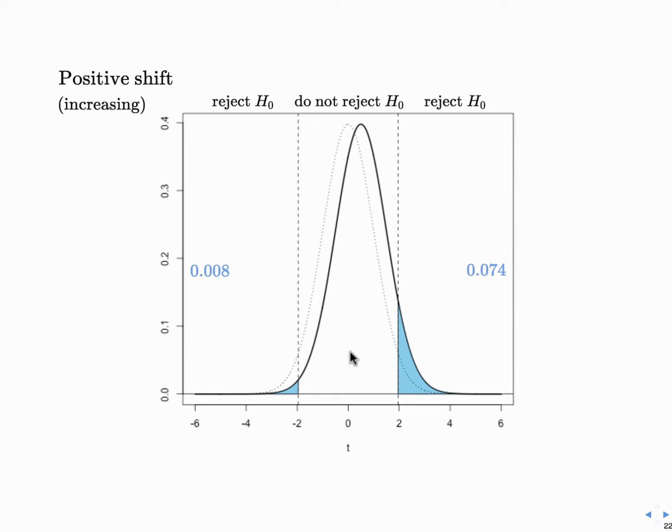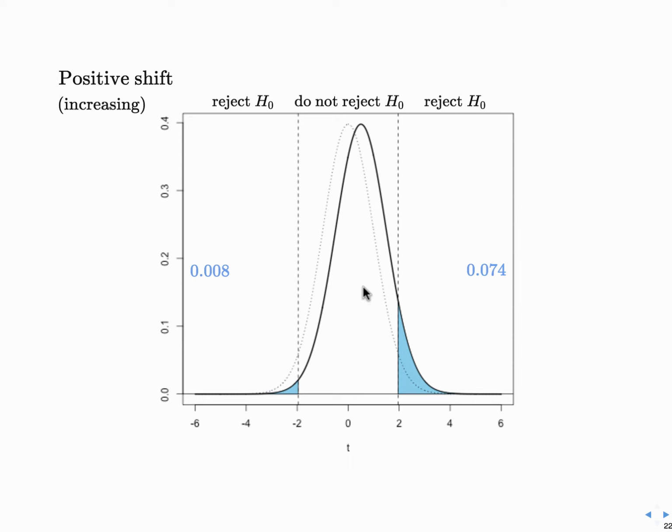So the probability of a type 2 error here is quite high, and that's because the shift is small, right? This t statistic has not shifted very far from the underlying null distribution. So with such a small shift, it's very difficult to detect that using the t-test. And so the probability of detecting it is small, and therefore the probability of a type 2 error is quite high.